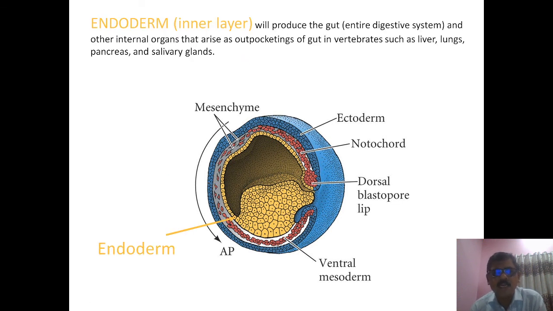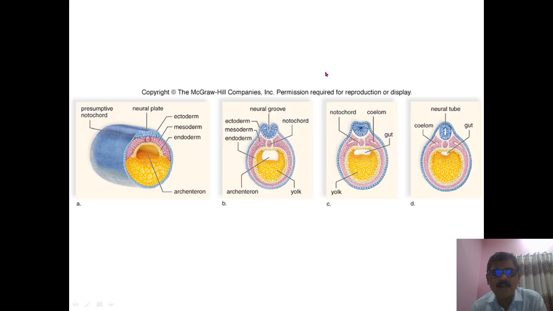Next, the endodermal layer, the inner layer, will first form the gut along with the vital organs like the liver, lungs, pancreas, and the salivary glands.